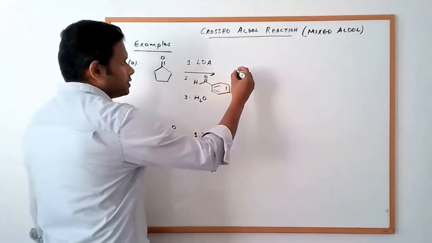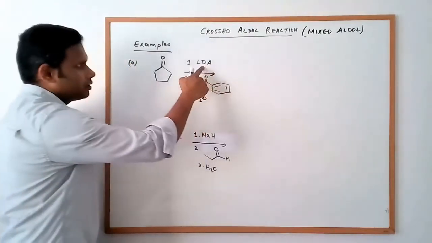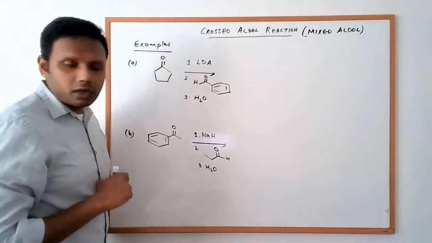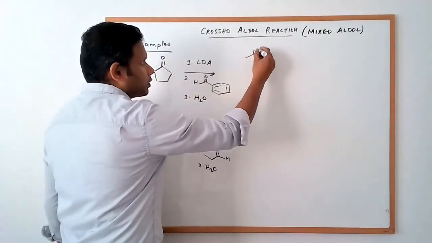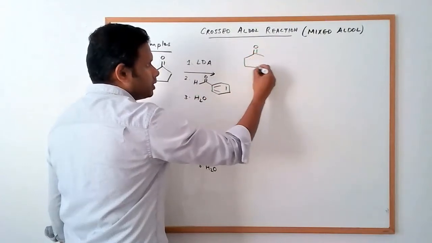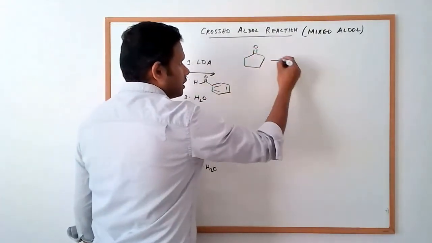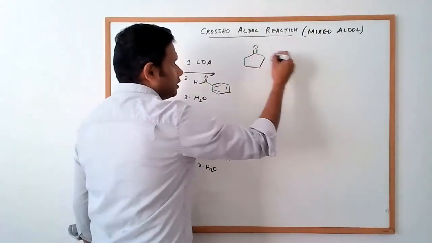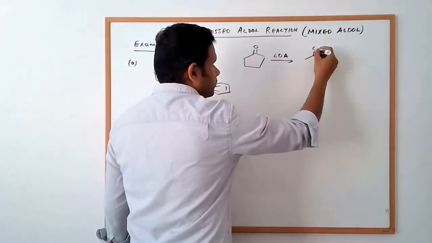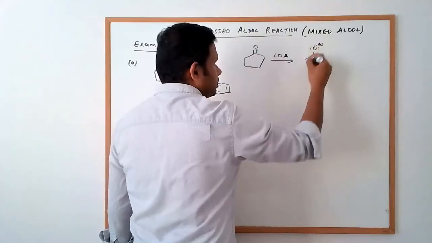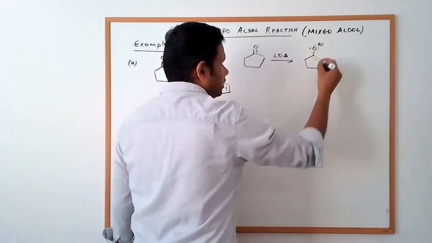The first step, the LDA, is going to convert the carbonyl compound into the enolate. So I'm going to work on these problems here. The LDA is going to convert this into an enolate completely. So we will get the enolate.